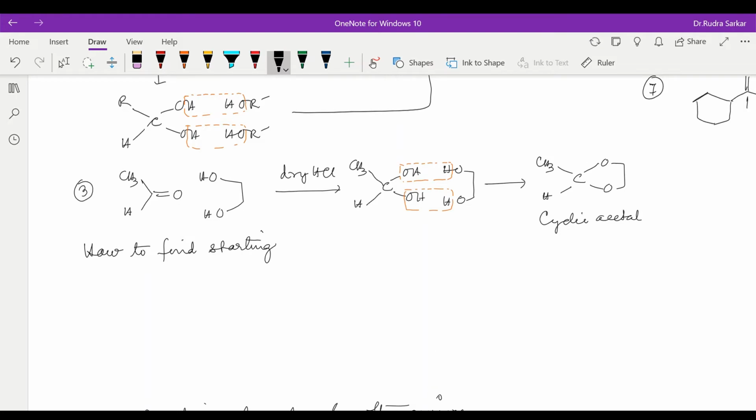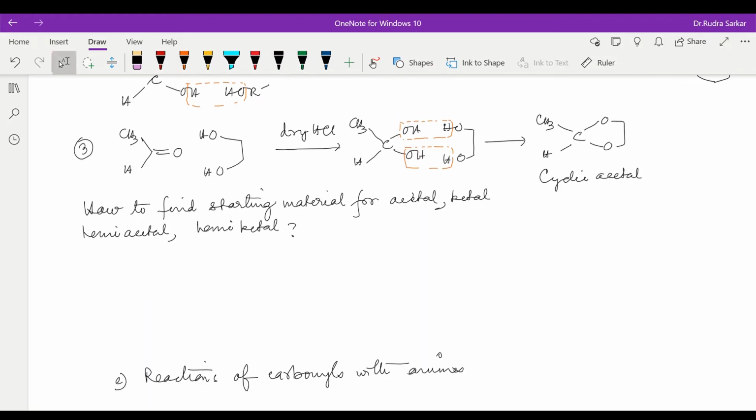Starting material for acetals, ketals, hemiacetals, hemiketals. Okay. So this is something that is going to be unique that you will find in my lecture. Not only will I teach you formation of compounds, but also how to find out starting materials of compounds, which are also asked in competitive exams.